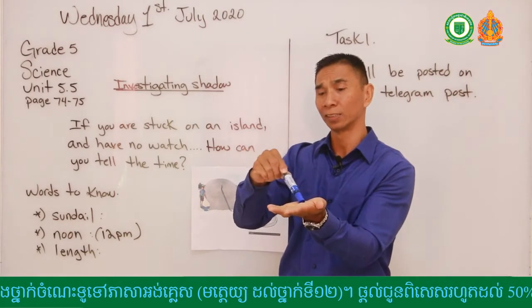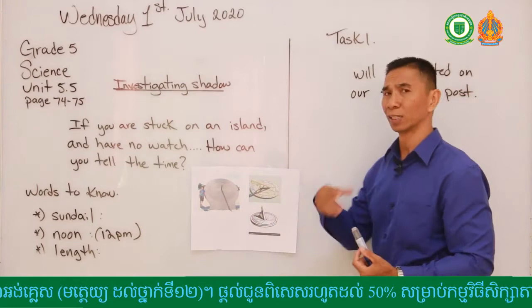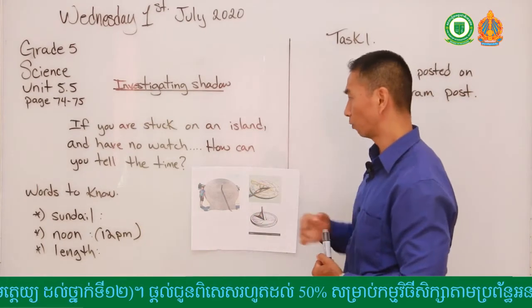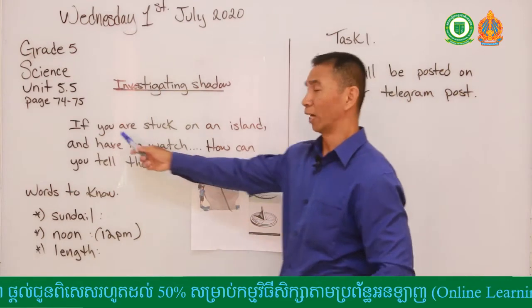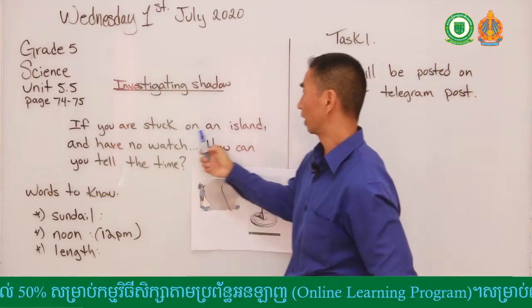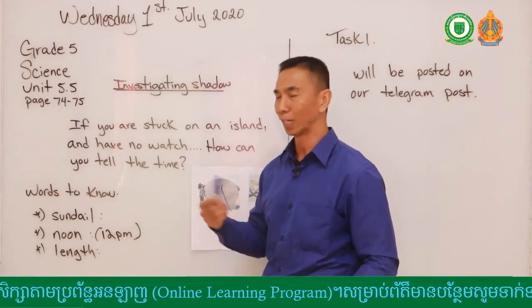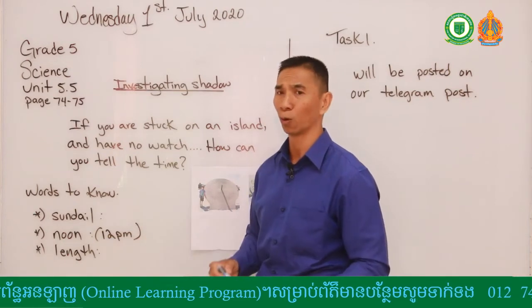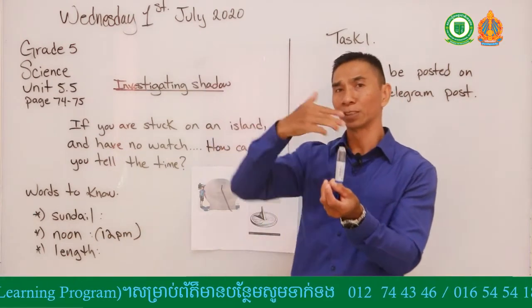The rotation of the shadow will tell the specific time during that day. So to answer my question: if you are stuck on an island and have no watch, how can you tell time? The answer is you use a sundial, or you use an object creating a shadow cast from the sun.